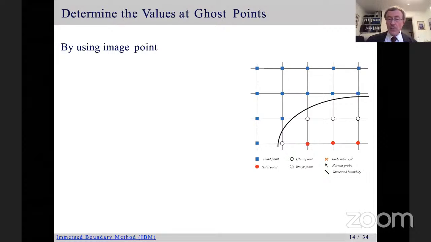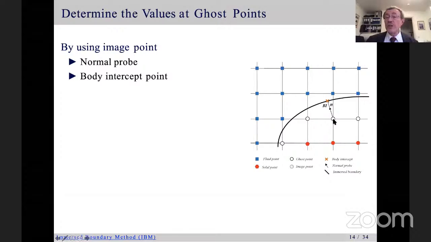Let us take an example here. That is the point that we have here. That is a ghost point. We determine the normal to the boundary that is going through the ghost point. So here, this normal. And the intersection is the body intercept.